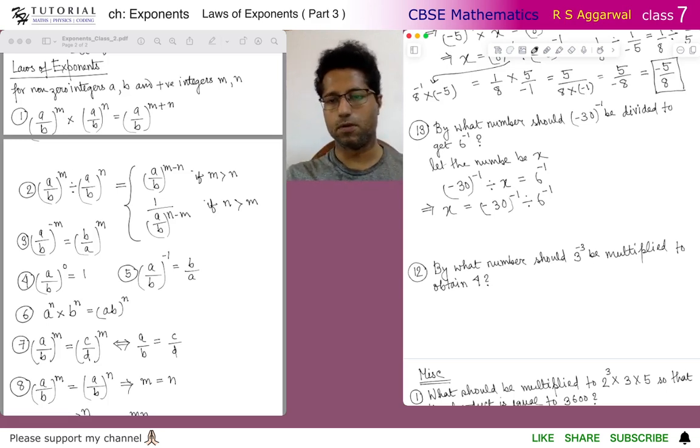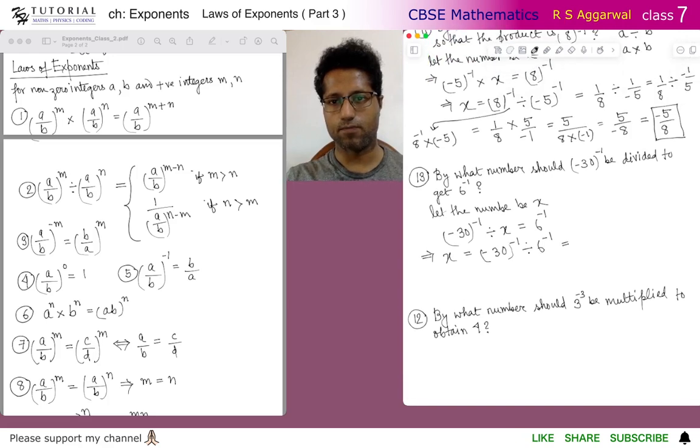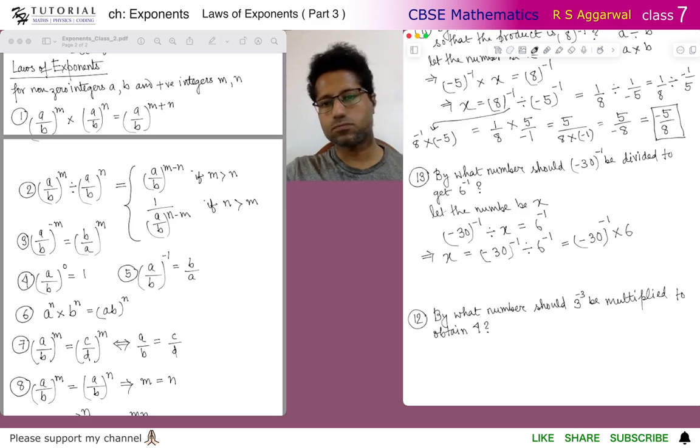The divisor is 6 to the power minus 1, which means a reciprocal. So using the concept that I discussed in the previous problem, we can directly write it as 8 inverse multiplied by minus 5. Similarly, we can write here, this is nothing but minus 30 to the power minus 1 multiplied by 6.